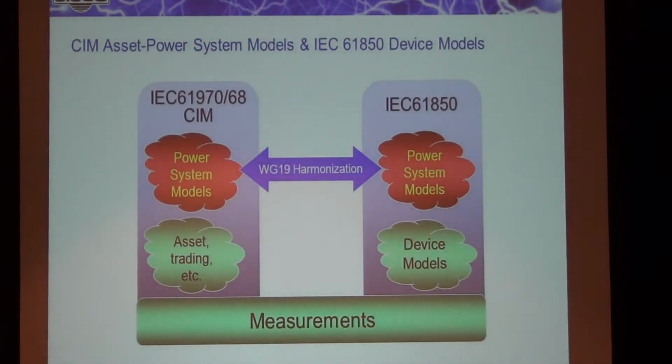And that's one of the activities that's going on right now, the CIM 61850 harmonization activity, to where much of the systems are compatible because they don't overlap, or they're compatible with each other inherently. And where they do overlap, we're doing a harmonization process to where we can go back and forth between these two models using a process. So we're not rewriting CIM, we're not rewriting 61850, we're just allowing a mechanism to allow us to get back and forth between these two systems.